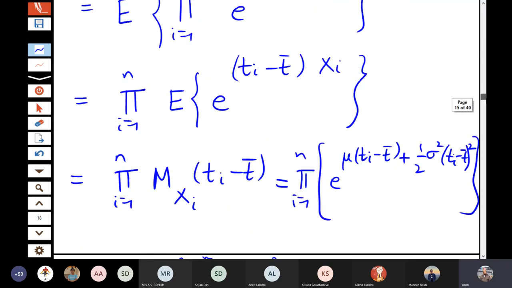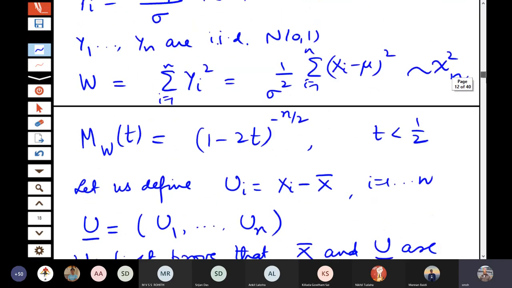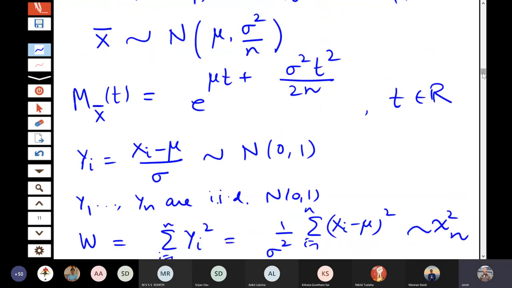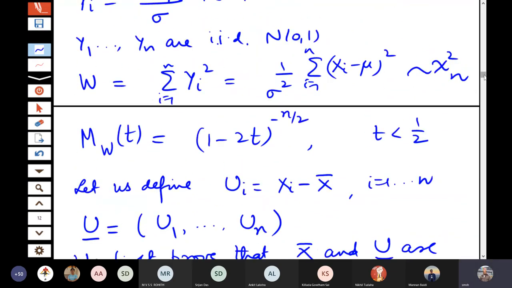I have written some quantity here earlier. I considered a random sample from normal mu, sigma square, and then I defined w, that is sigma yi square, that is 1 by sigma square sigma (xi minus mu) whole square.